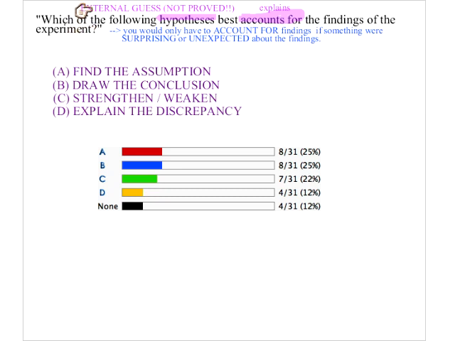This is a random guess. By definition, a hypothesis does not have to be true. What it is, it's one of these explain the discrepancy things, because you've got some sort of surprising or unexpected findings that you need to explain, and you need some sort of external guess that will actually do that.